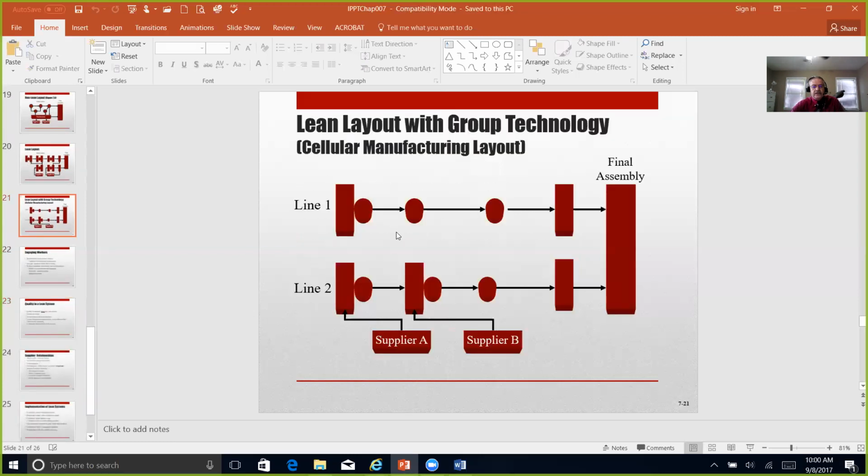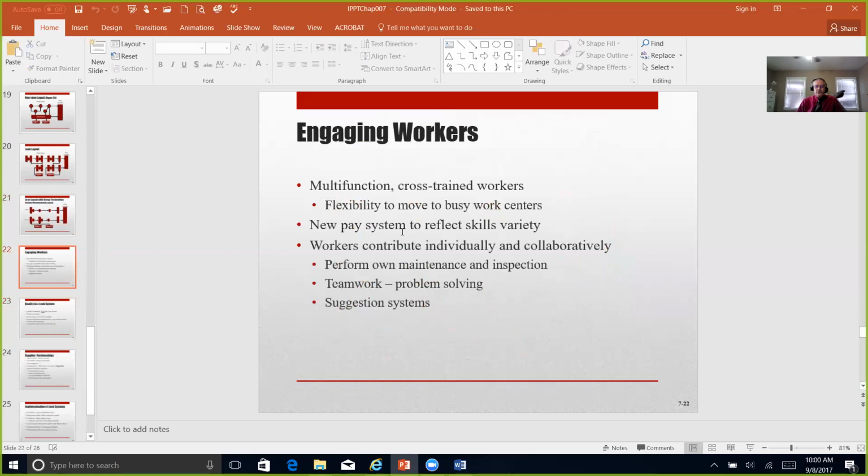It's engaging workers. One of those ways is through being multifunctional, making sure our workers are trained and that they can do multiple things in the workplace, and not get to a point where they're so specialized that that's the only thing they can do. We really want our workers to be multifunctional, where they can do multiple things.